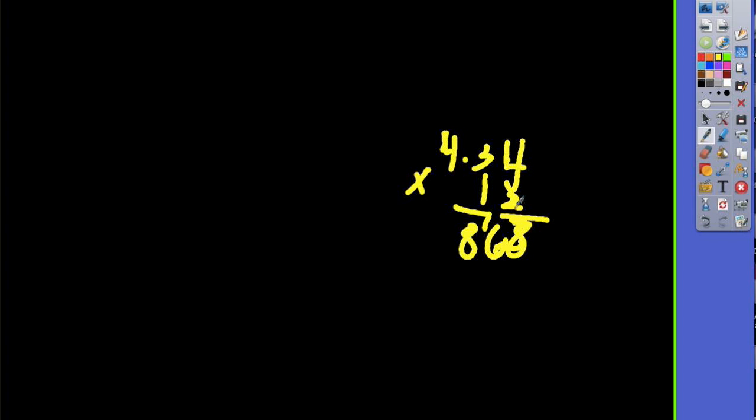Then cross out the 2 because we're done with that, and make the 0 here to show you're in the tens place. 4 times 1 is 4. 3 times 1 is 3. And 4 times 1 is 4.